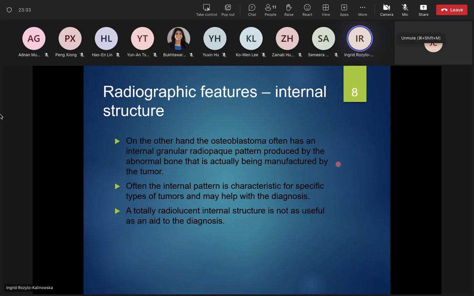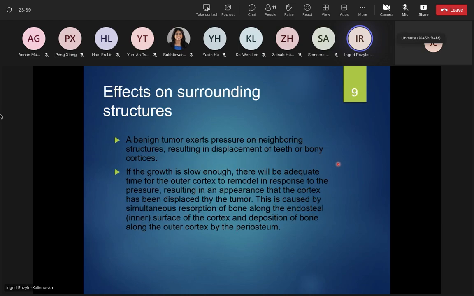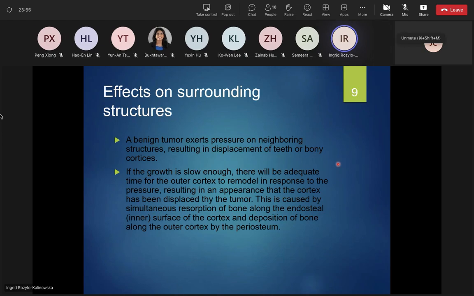As a benign tumor continues to grow and press against the neighboring tissues, the result of the presence of this tumor will also be visible in the surrounding bone. If the growth is slow enough, there will be enough time for the outer cortex to remodel in response to the pressure exerted by the tumor.